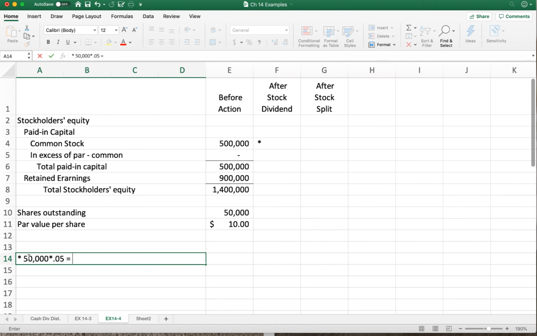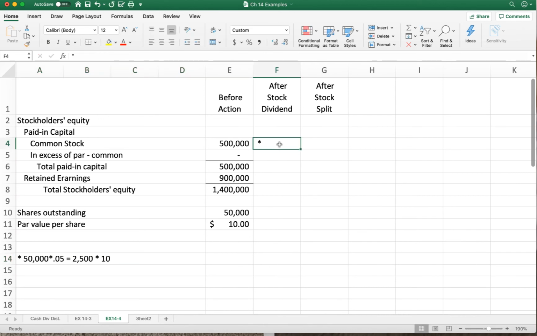So if we take 50,000 shares times 0.05, that gives us 2,500 shares. But our common stock has a par value. What is that par value? Well, the problem told us it's $10 per share. So if I multiply my 2,500 shares that's going to be paid out as a dividend times the par value of $10, that equals 25,000.